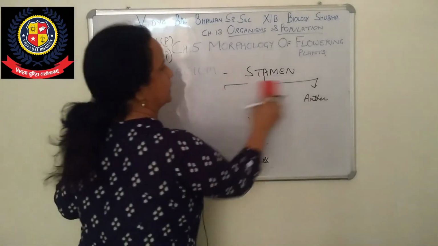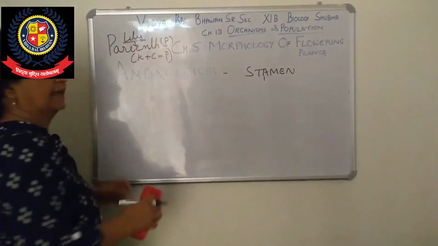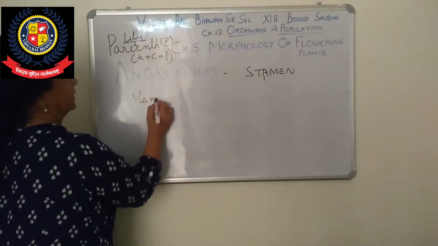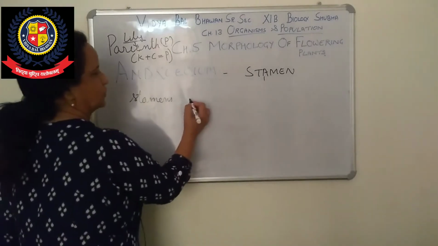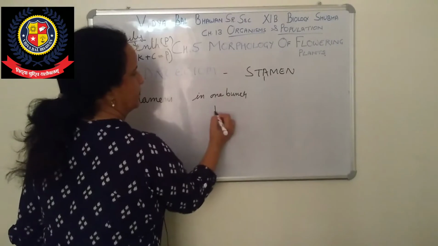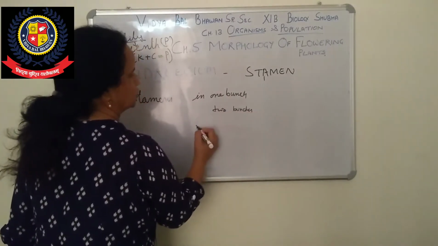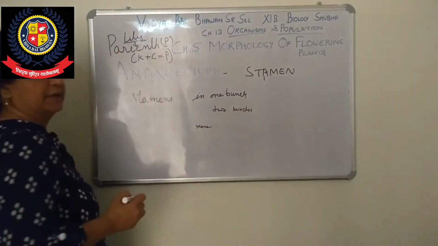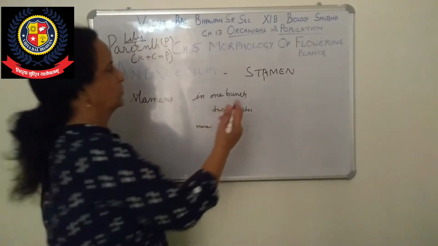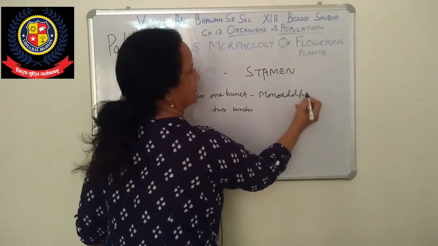Now, there are a number of stamens, and these stamens may be fused in bunches. If all the stamens join together in one bunch, it is called monoadelphous.